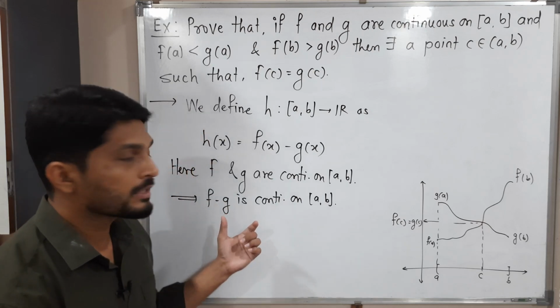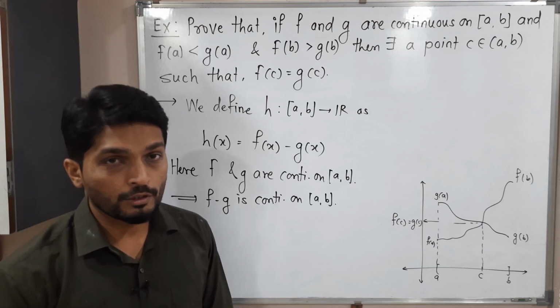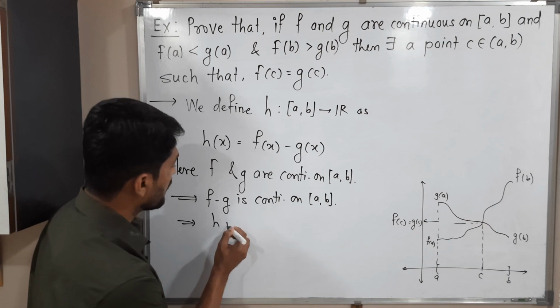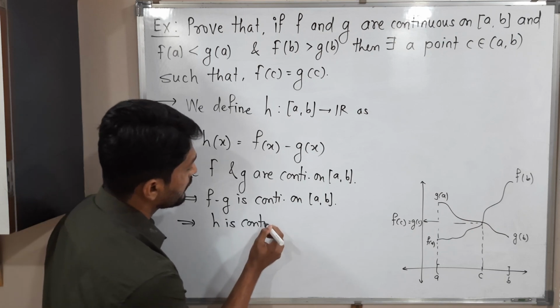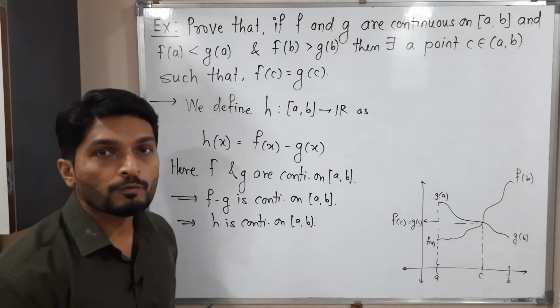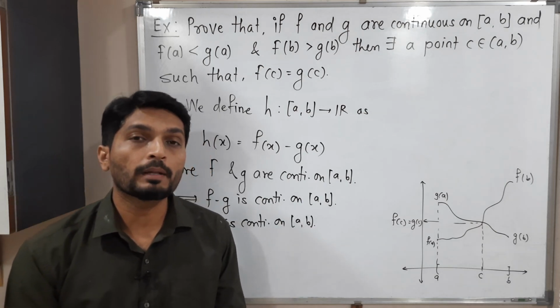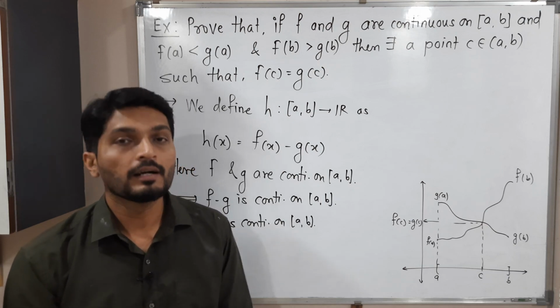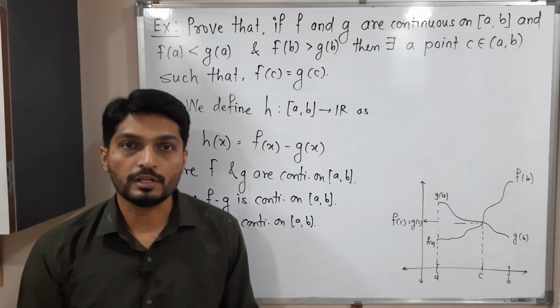By using that result, f minus g is also continuous, but f minus g is nothing but our h, so I can declare h is continuous on the closed interval AB. This is a very basic and important condition to apply the intermediate value theorem: the function must be continuous, and yes, our function h is continuous.